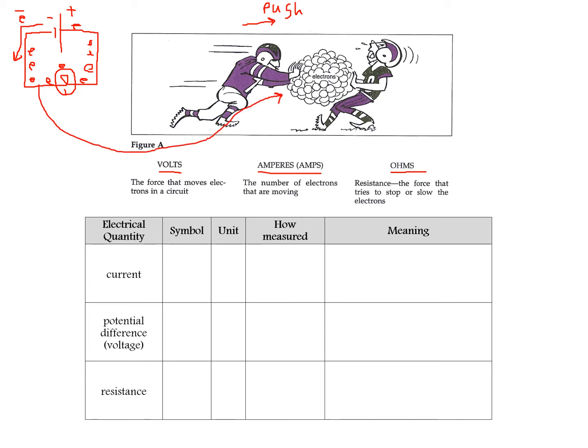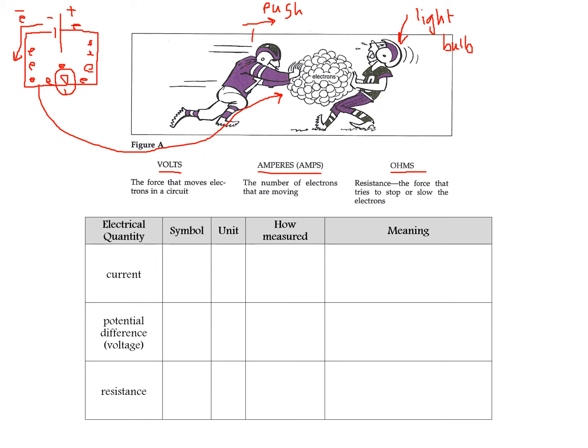So this is your battery, and then electrons are pushing, and then here, this will be your light bulb, or any other load you can think of. But what they do, they say, oh, you can't go anywhere. So when you're pushing, you're sucking the energy out of the electrons.